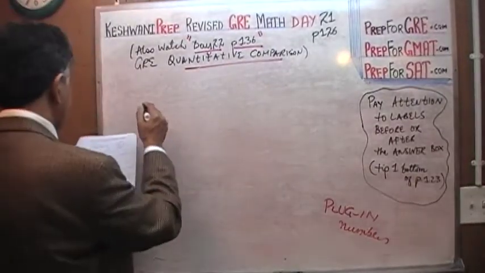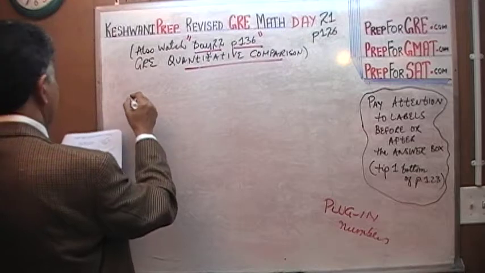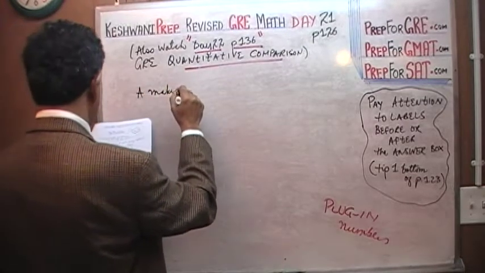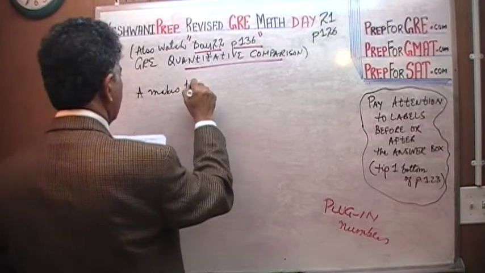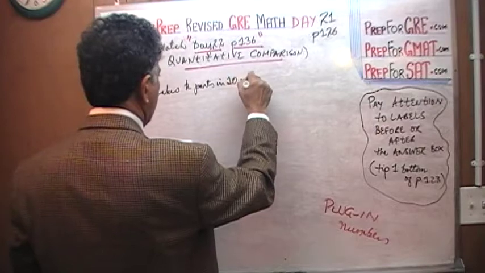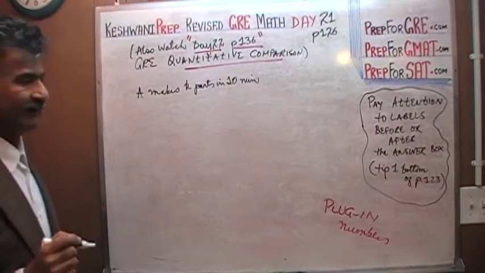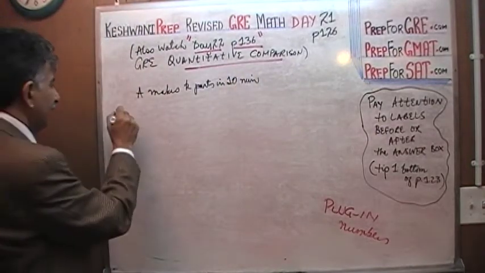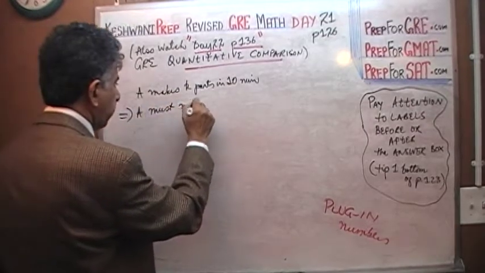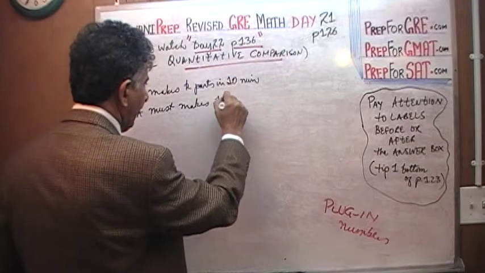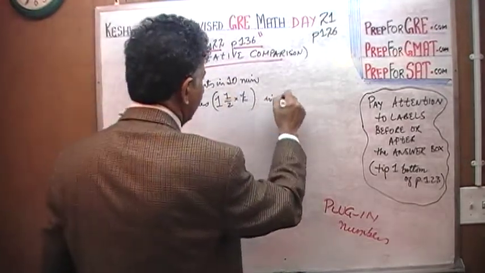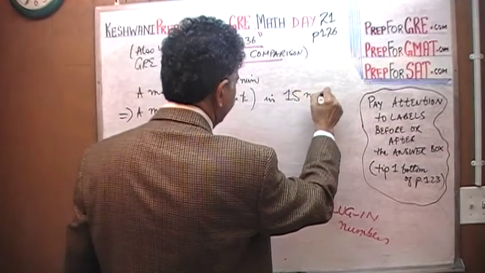We are told that in 15 minutes, A makes k parts in 10 minutes. Well, if A makes k parts in 10 minutes, A must make 1.5 times k in 15 minutes.